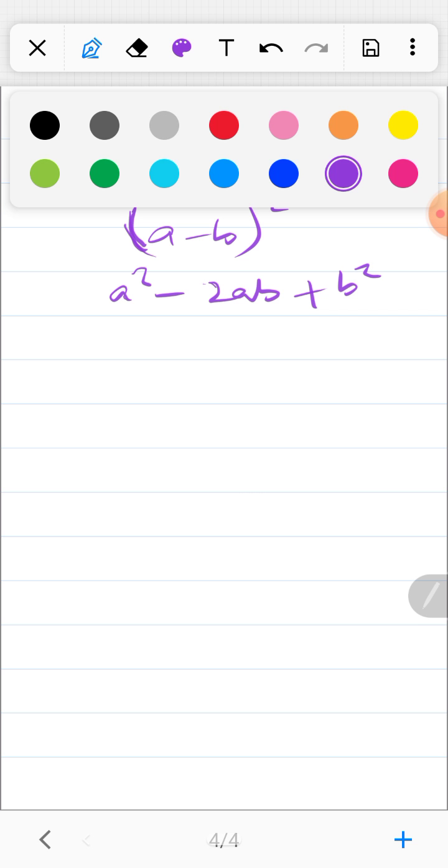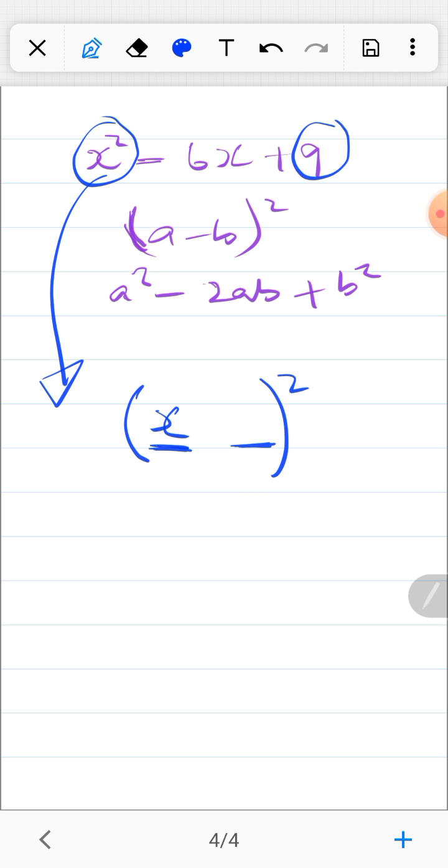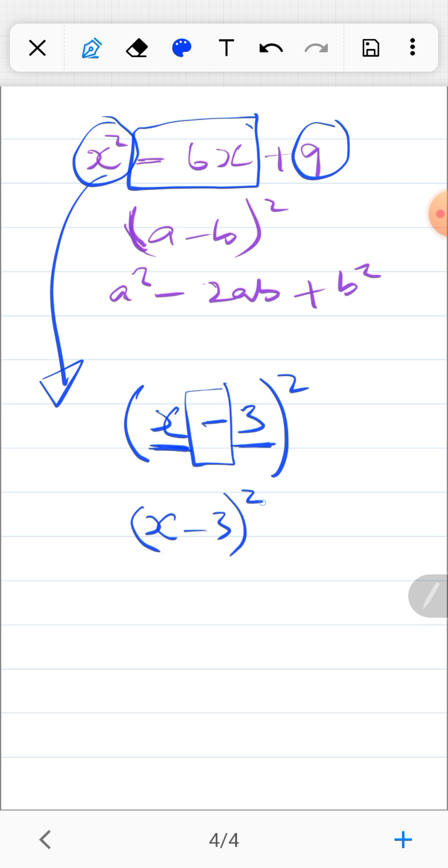My answer should look something like this, where this is the square root of x squared, which is x, and this is the square root of 9, which is 3. The sign that goes in the middle is the sign of the middle term, and since that term is negative, this will be a minus. So my answer is x minus 3 squared, just like that.